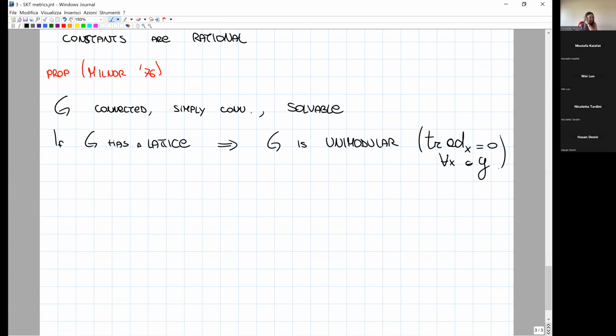So this means that G is unimodular, and moreover has a bi-invariant volume form, invariant both from the left and the right.